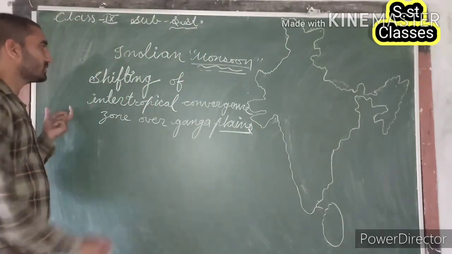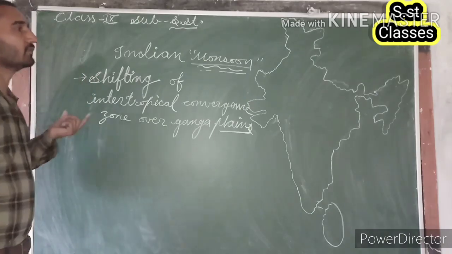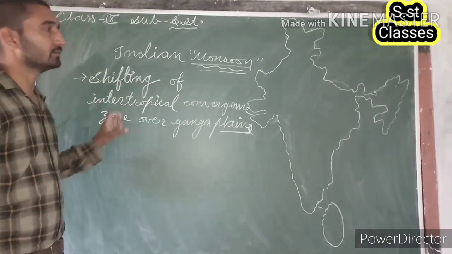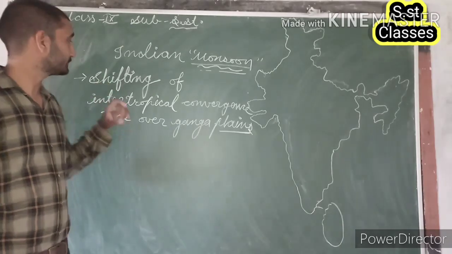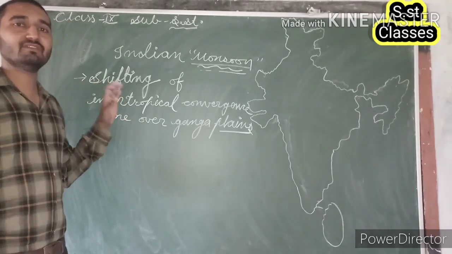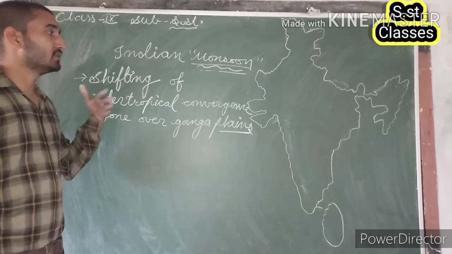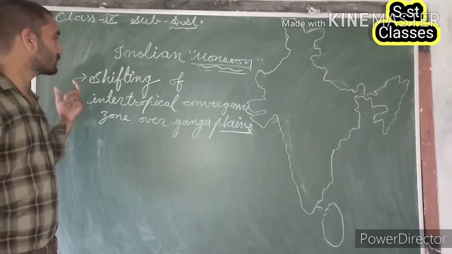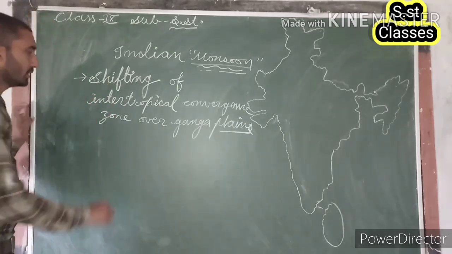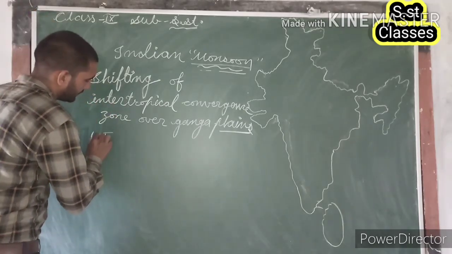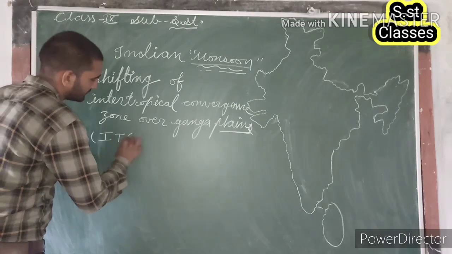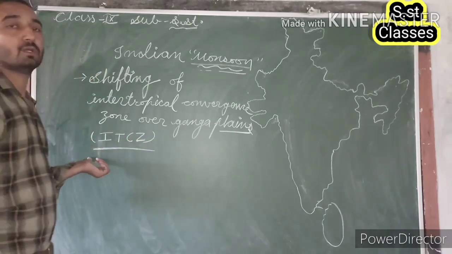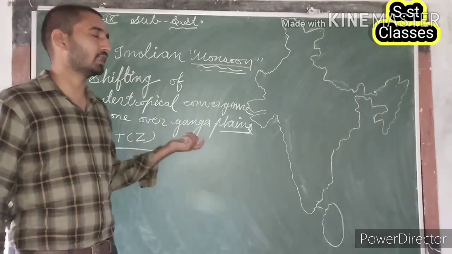So the other responsible factor for change in seasonal wind direction is shifting of intertropical convergence zone. Mean to say that ITCZ, intertropical convergence zone over the Ganga plains.